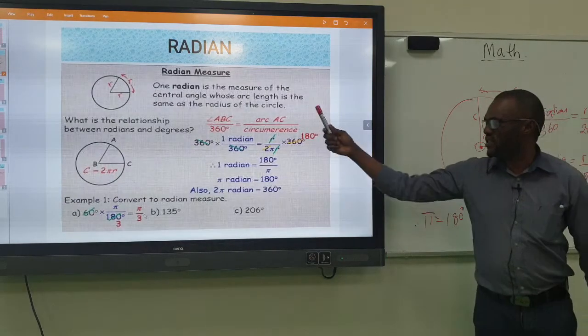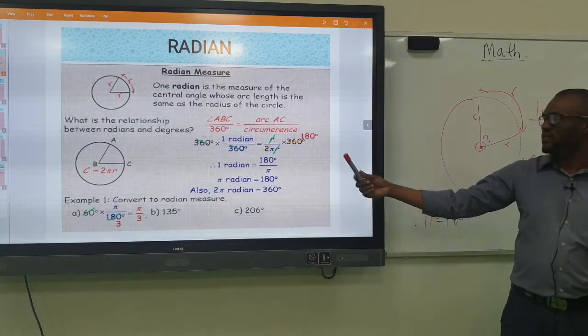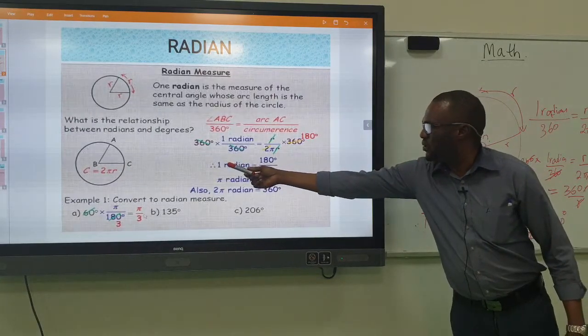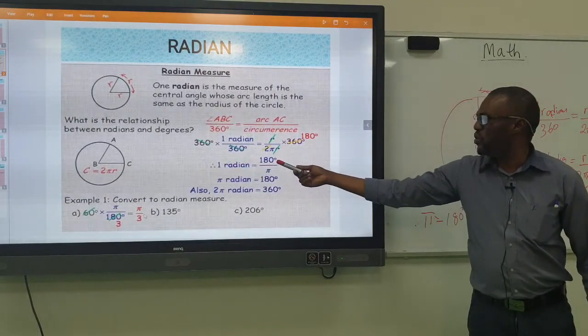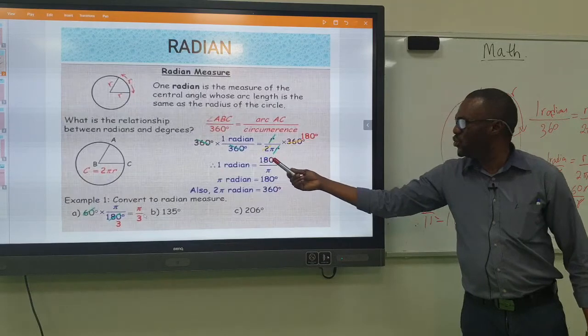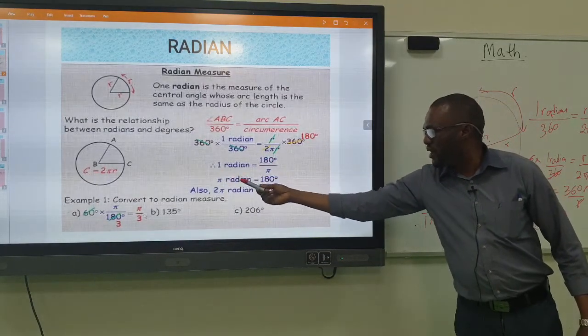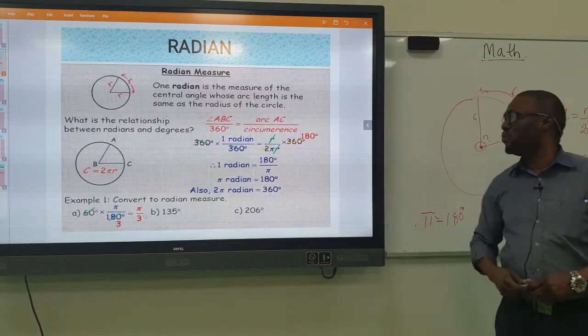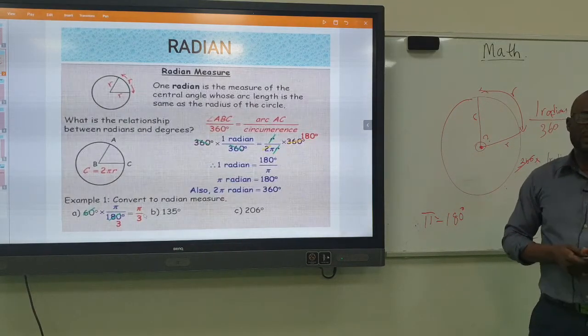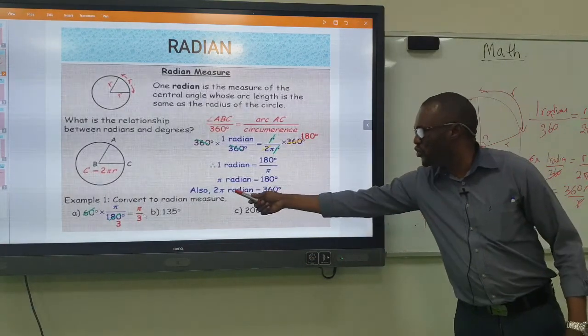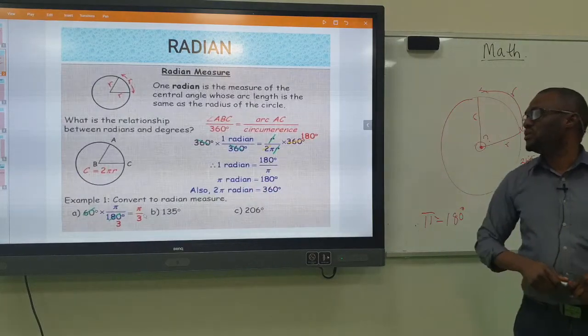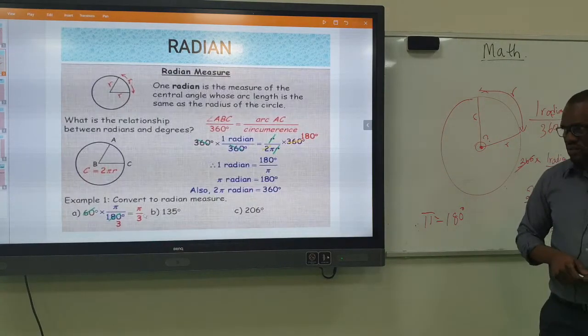So everything is explicit here: 1 pi equals 180, 1 radian equals 180 degrees over pi, which simply implies that pi radian equals 180 degrees. And also 2 pi radian equals 360 degrees.